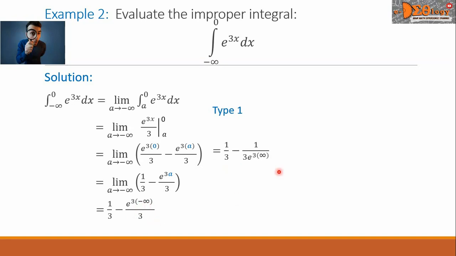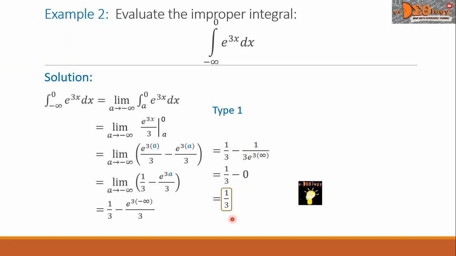Now take note of this infinity. When this becomes bigger, the full denominator becomes bigger, and this 1 over the infinite value will come down to 0. So we have 1/3 minus 0, and the final answer will be 1/3.